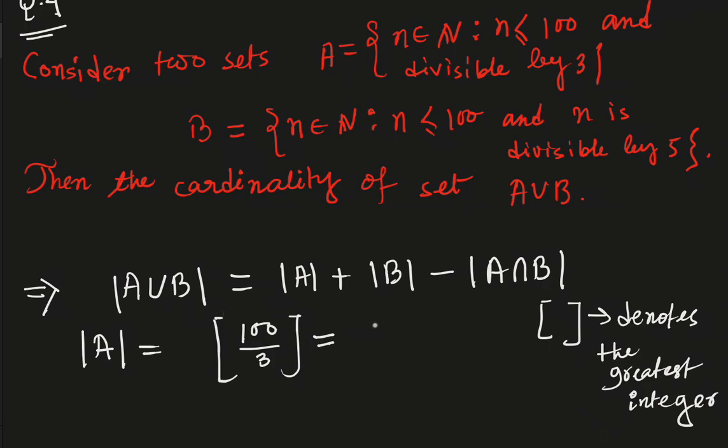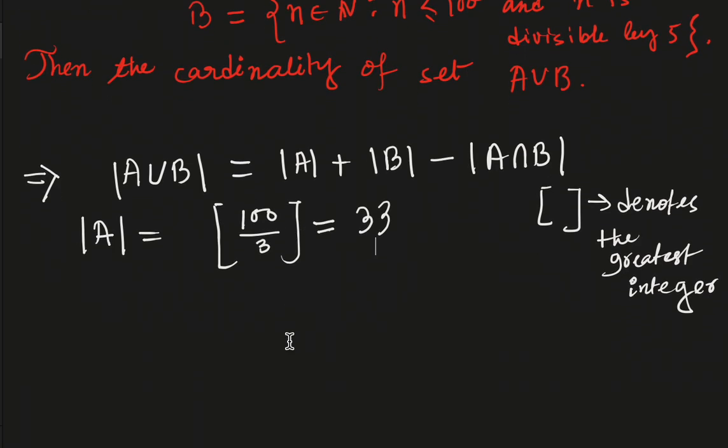So 100 by 3, you will get 33 natural numbers which belong to the set A. That is the cardinality.